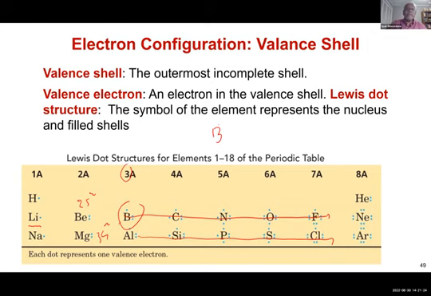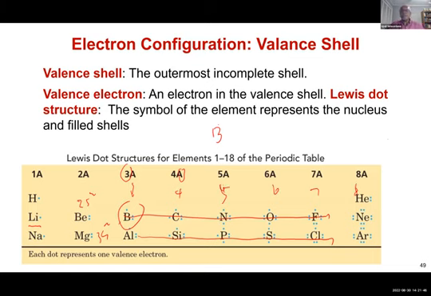3A is the group in the periodic table. This has 3 valence shell electrons. 4A is a group in the periodic table, so it has 4 valence electrons. 5, 6, 7, 8.